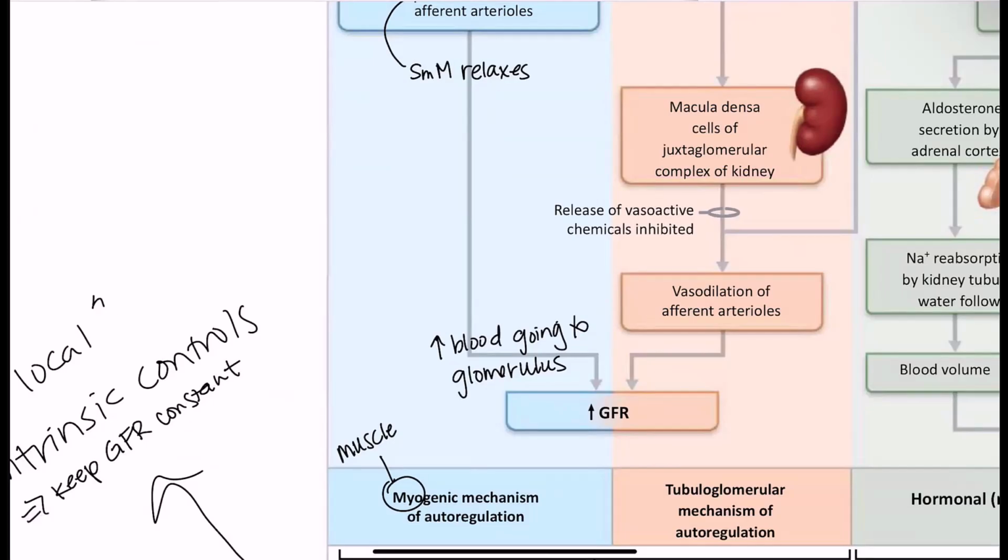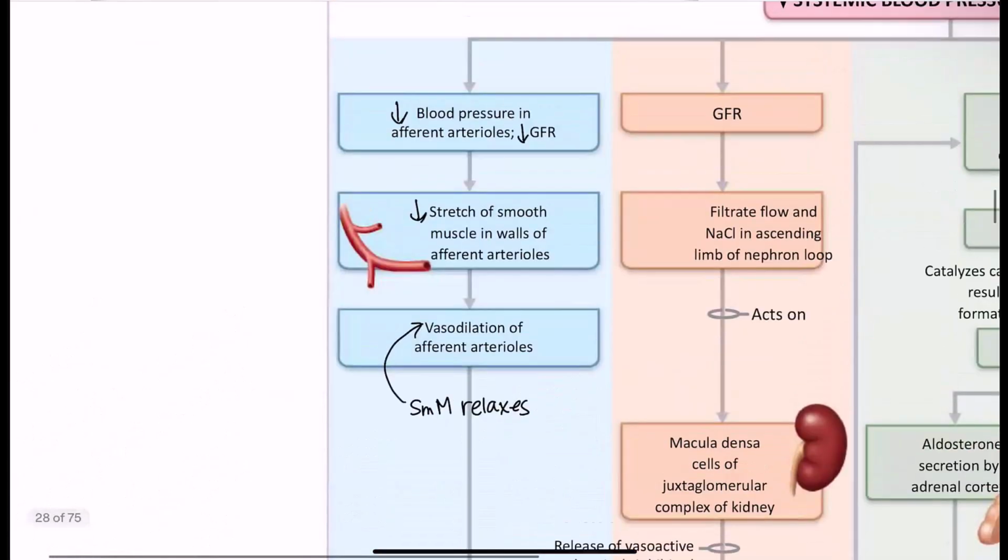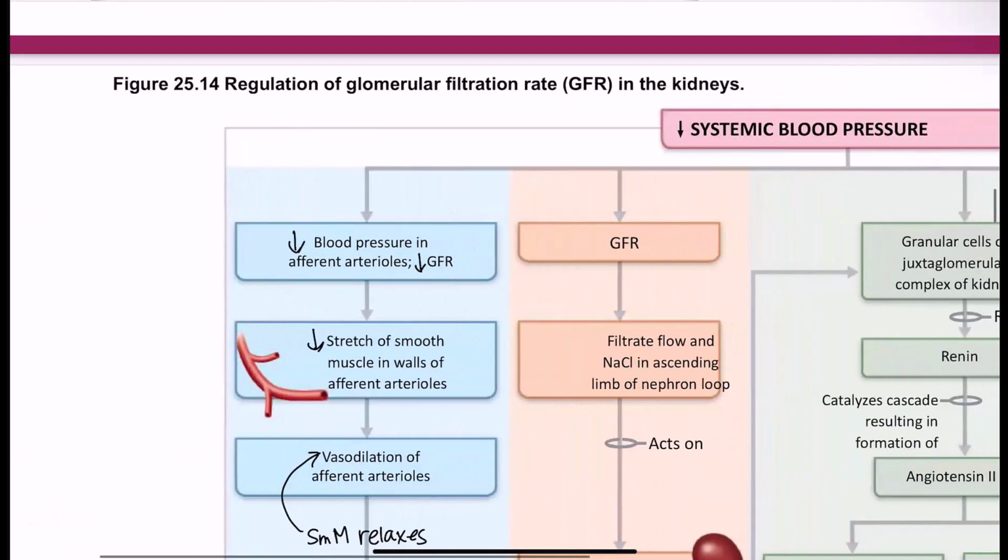The next one is this orange panel, which is the tubuloglomerular mechanism. This is autoregulation, auto meaning self, because it's the kidney doing regulation for kidney stuff. Okay, so we're starting still. Systemic blood pressure falls.